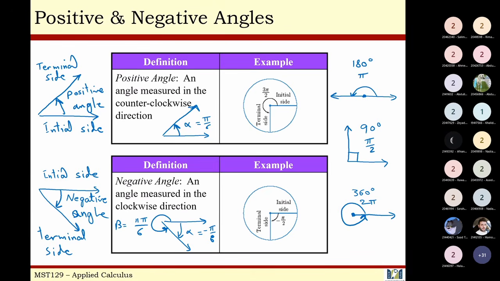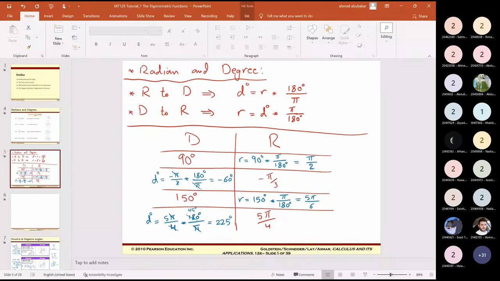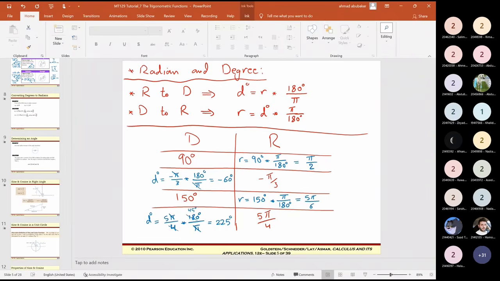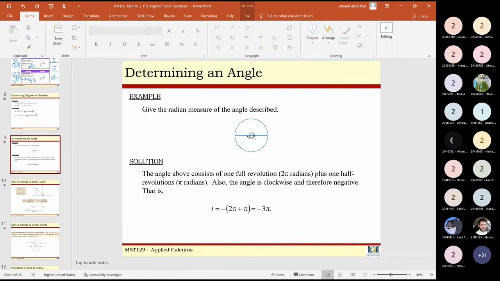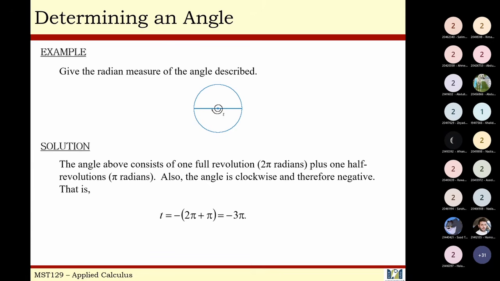Now we need to go to the right triangle. Before the right triangle, what's the value of this angle? Look at this angle, one circle, this is equal what? One circle clockwise, so we have minus 2 pi.